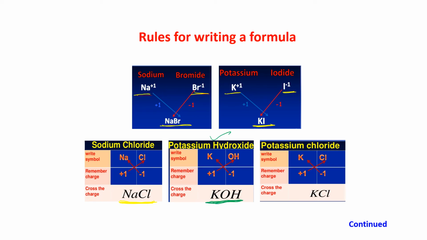You can see here potassium is having +1. And OH is hydroxide having -1. So this 1 will come here and it is not written. So the formula is KOH. Okay. Potassium chloride, KCl, the valency is +1 and -1. So this will come here and KCl is written. Clear? Children, have you understood?